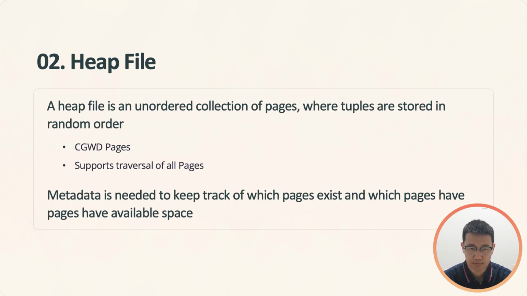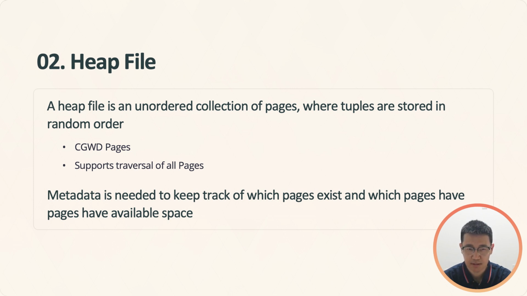A heap file is primarily an unordered collection of pages, and the tuples are stored in random order in these pages. We want to support 2 operations. The first is that we can create, get, write, and delete pages in the heap file system.